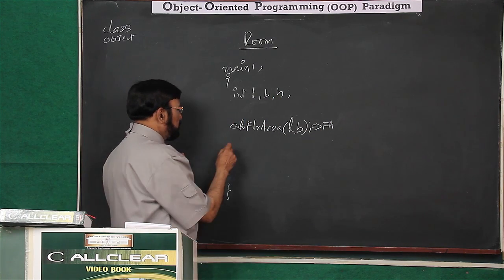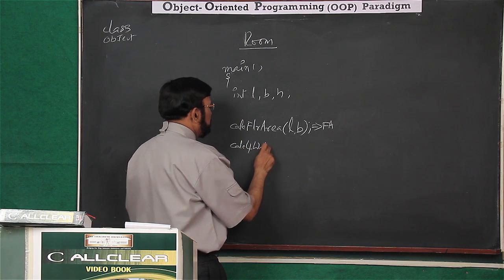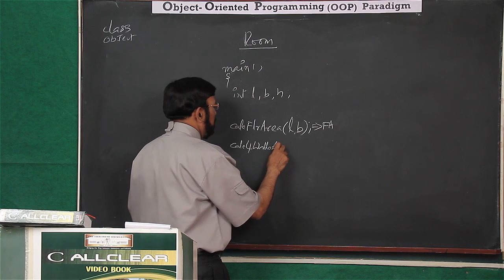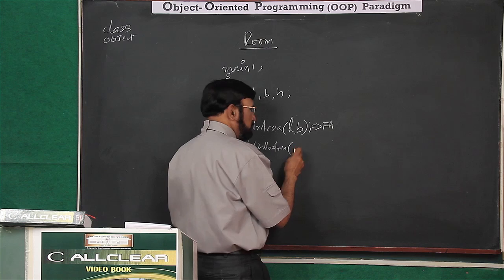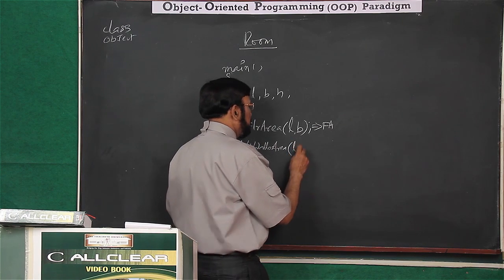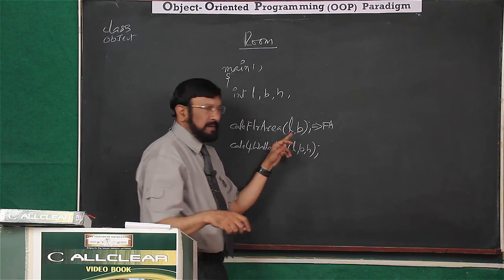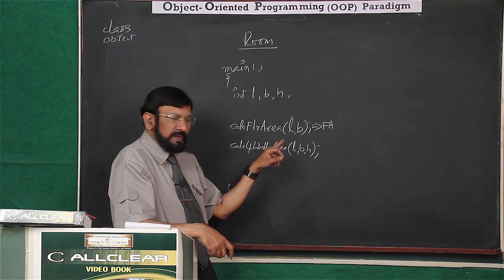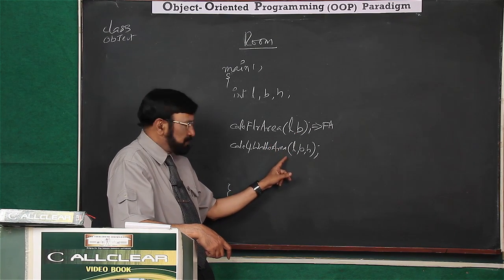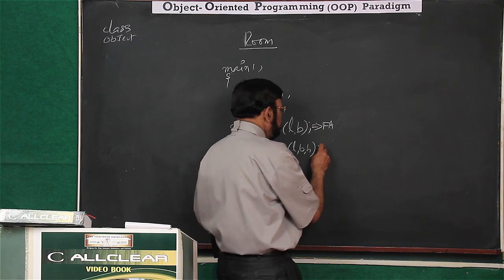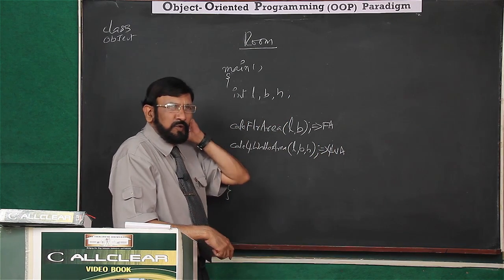Let us take one more function: calculate 4 walls area. Now, what do you have to pass? You have to pass 3 properties, 3 data items L, B and H, because the formula of this is 2H into L plus B. So it returns the 4 walls area. Okay, this is the model.